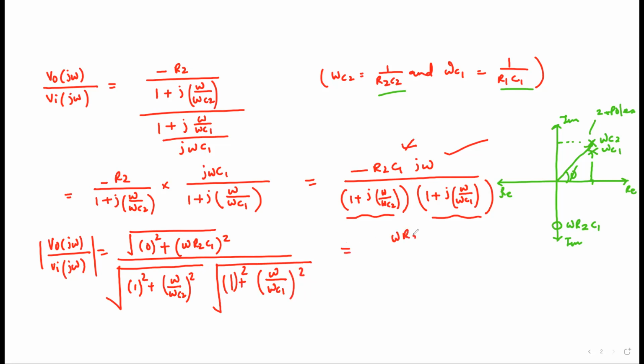Further simplifying, we get this value: square root of 1 plus omega over omega C2 whole square, and another value is 1 plus omega over omega C1 whole square.